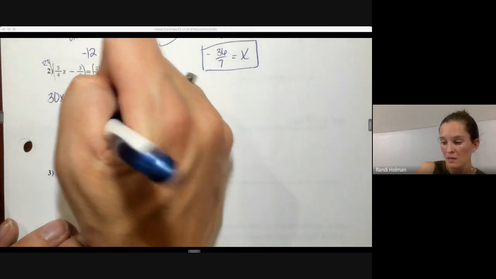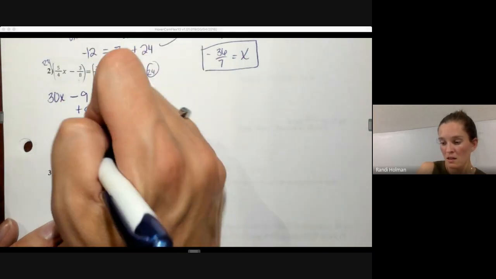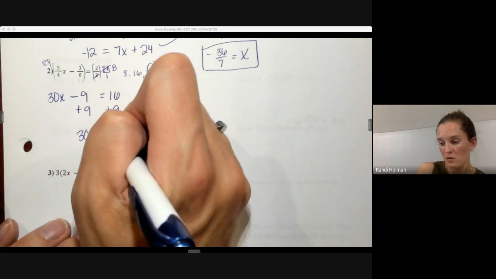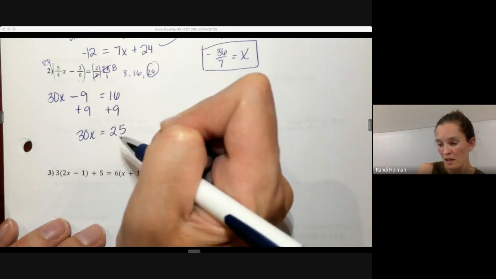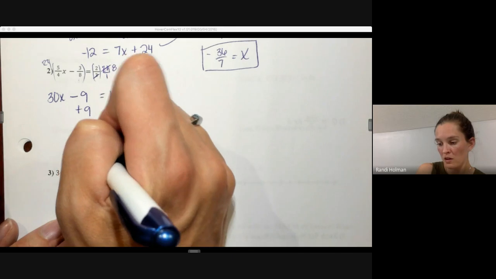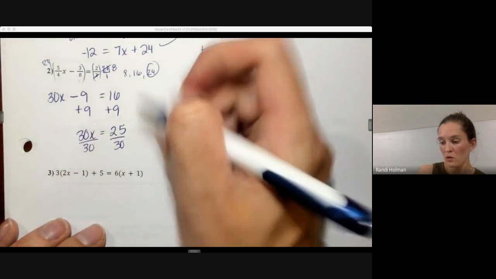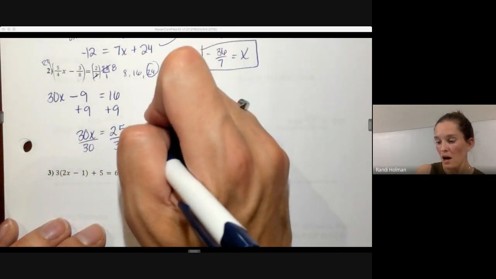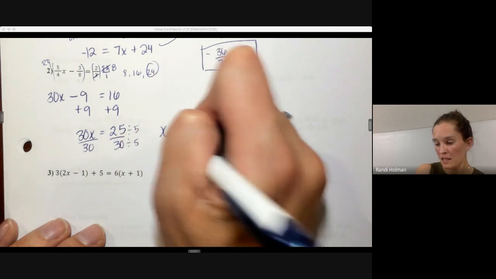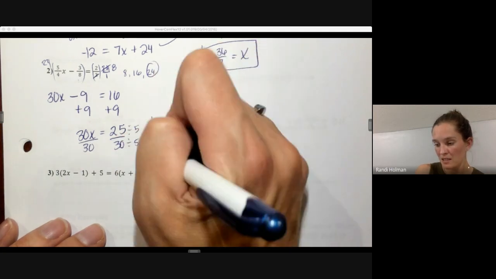Okay, add 9 to both sides. 30x equals 25. And then divide by 30. Ooh, 25 and 30 are both divisible by 5. We get x is 5/6.